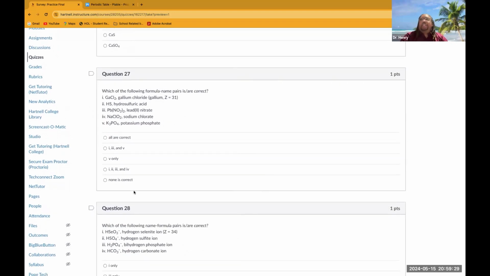Which of the following formula name pairs is/are correct? So we have gallium chloride. We have hydrosulfuric acid, HS. We have Pb(NO2)2, lead 2 nitrate.